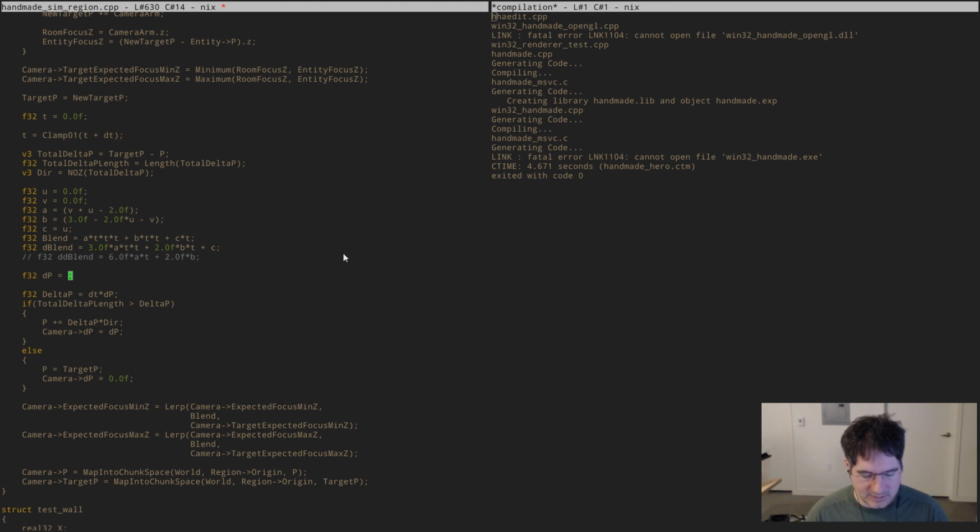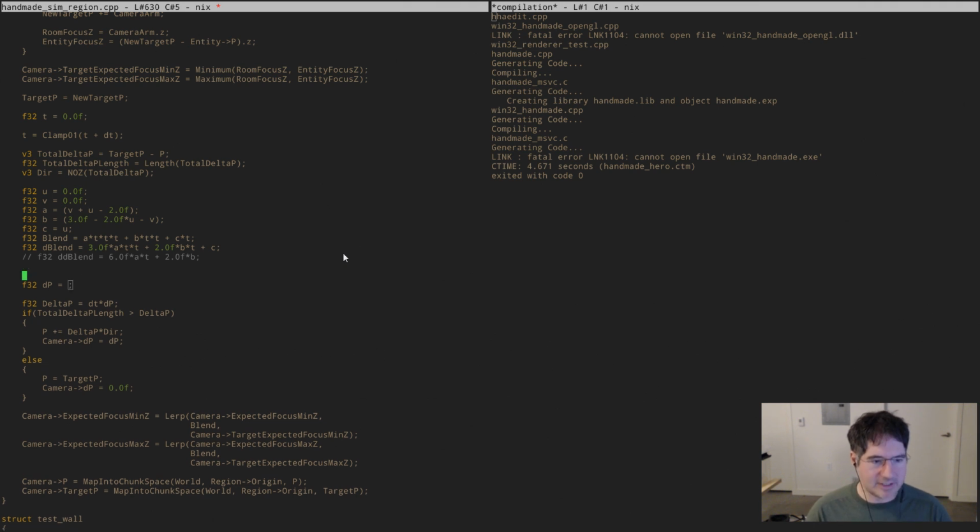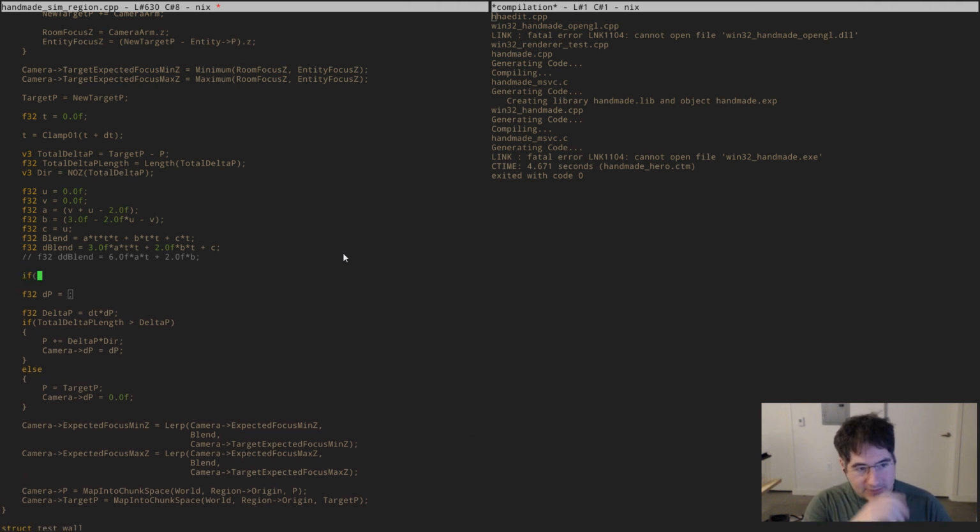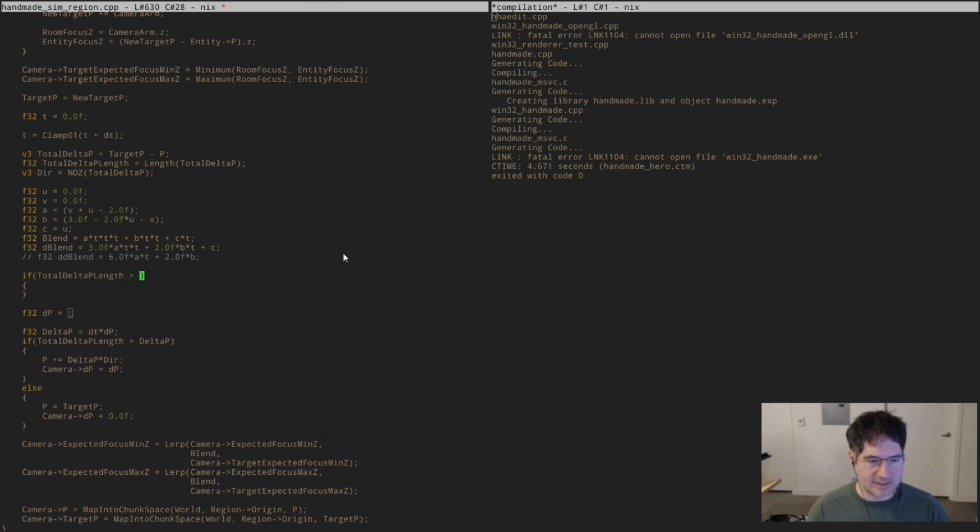So, maybe I look at it like this. If the total delta P that I have to go is greater than some maximum, then I want to accelerate up to my maximum speed, right? So I'm trying to increase my speed.